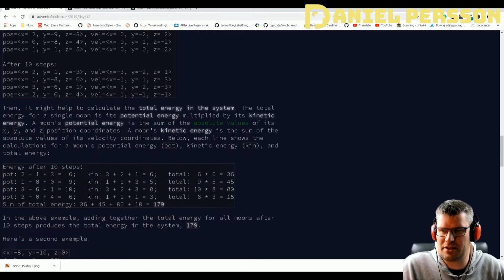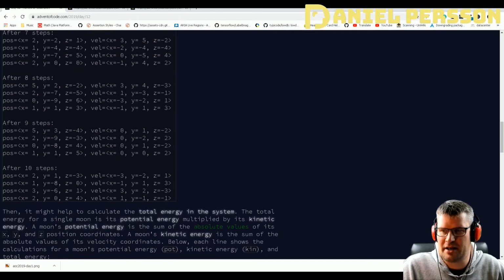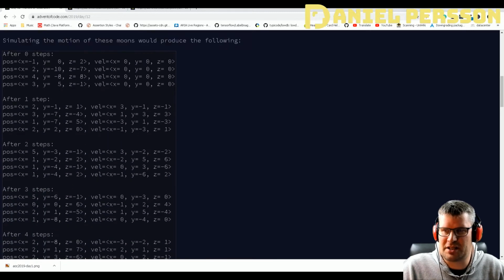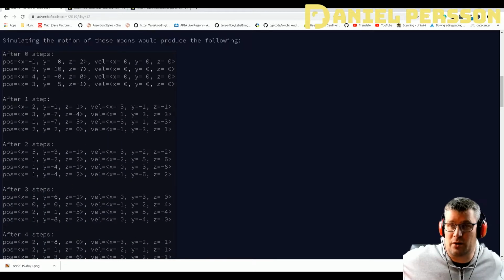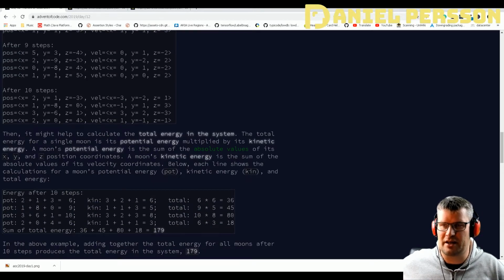So I will try to implement this little example here with these planets and figure out their velocity and do this specific printout, so we actually have all these values here and do these 10 steps.